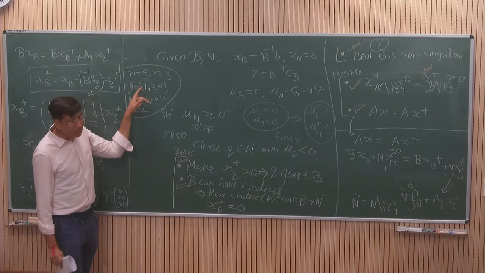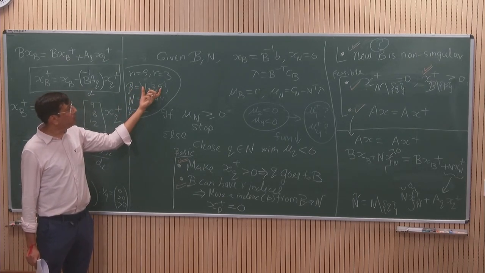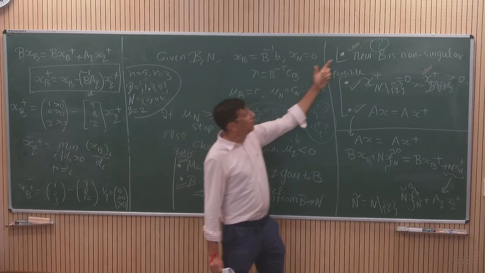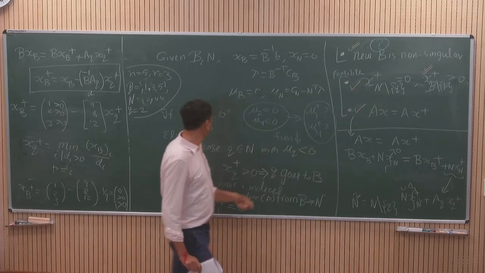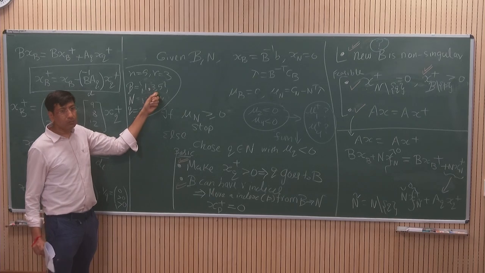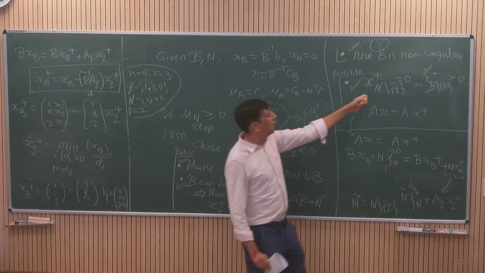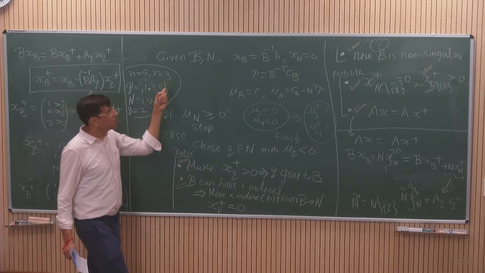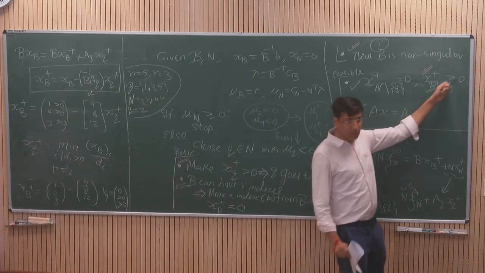When you do this swapping of 1 and 2, you have to ensure the new B matrix coming out of the A should remain non-singular. And you should also ensure that the other element in N, which is this one, N complement q, should stay 0. The other elements inside the B set should remain strictly greater than 0.